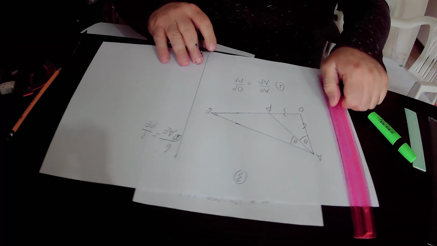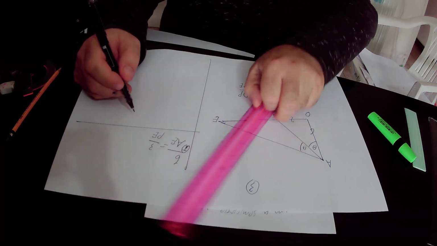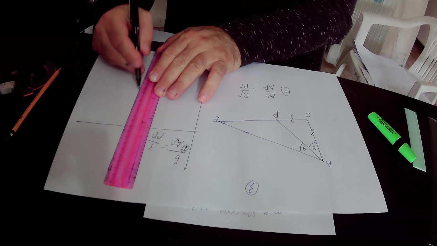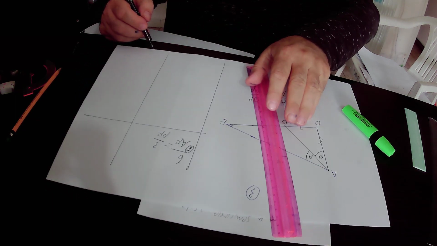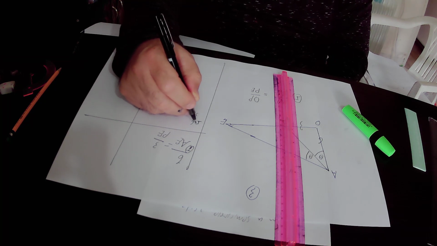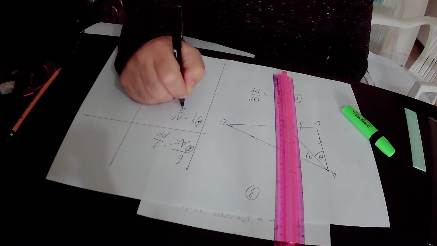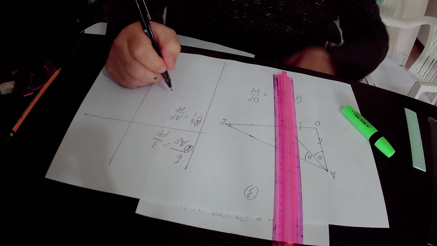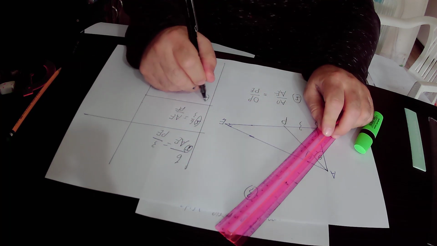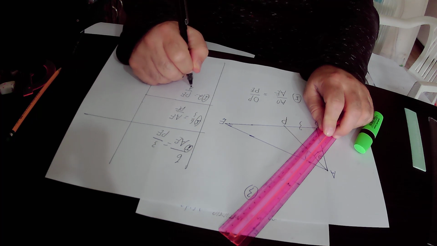So in conclusion, according to equation number 1, 6 over AE equals 3 over PE. We will divide equation number 1 by 3 and multiply it by AE, and we will get that 6 over 3 equals AE over PE. 6 over 3 is 2.